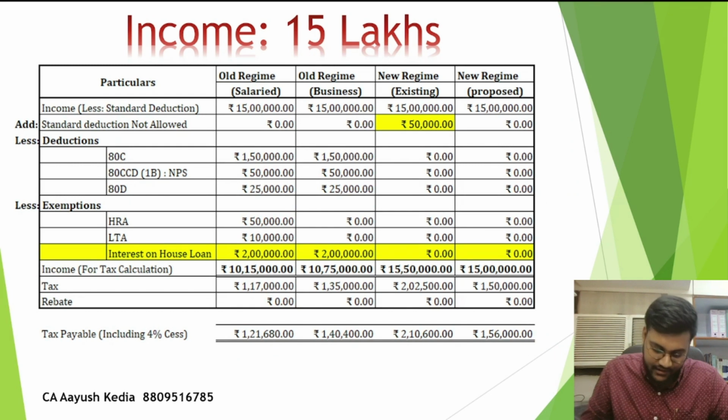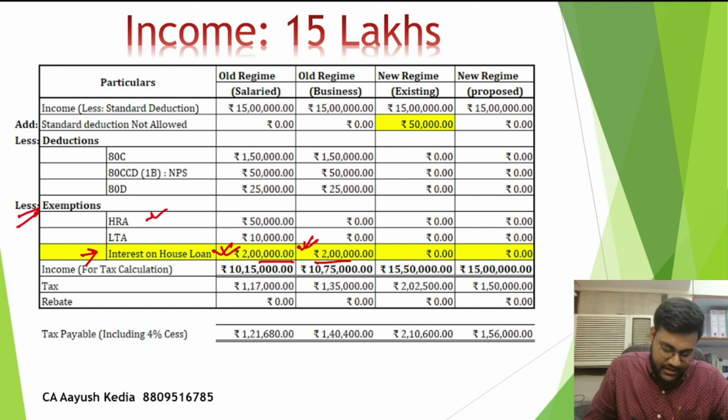We'll change the scene here just by adding one more exemption, which is interest on housing loan. The interest on housing loan is allowed up to 2 lakh rupees, and both business and salaried person get 2 lakh rupees exemption here. We can claim only HRA or interest on housing loan, either one of the two. But for example, I have considered both.